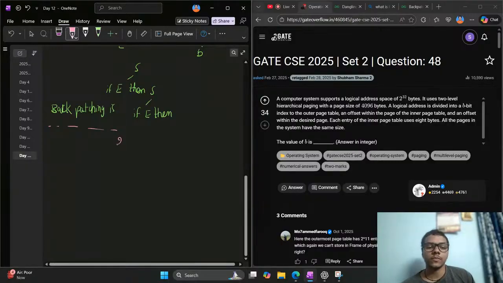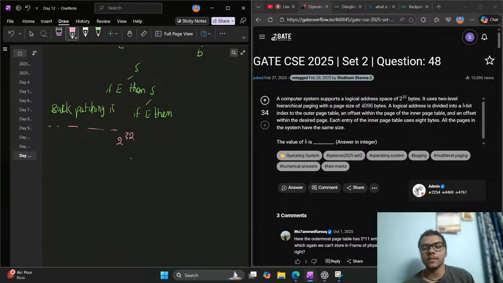So 2 power 32 means a 32-bit addressing system with 2-level hierarchical paging. We need to know that one.